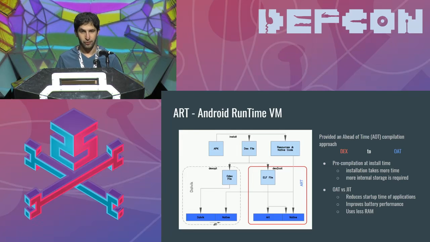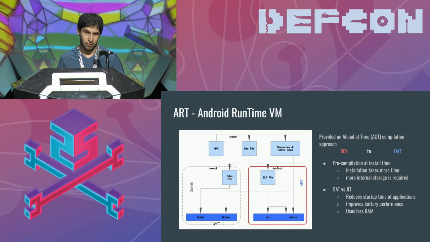The Android Runtime VM can work in two modes. One, interpreting the Smali bytecode, and the second is working with compiled bytecode, ahead-of-time compilation. That was introduced in Android 4.4. When you install an app, it goes through a process of compilation, and then the VM will work on compiled ELF code.